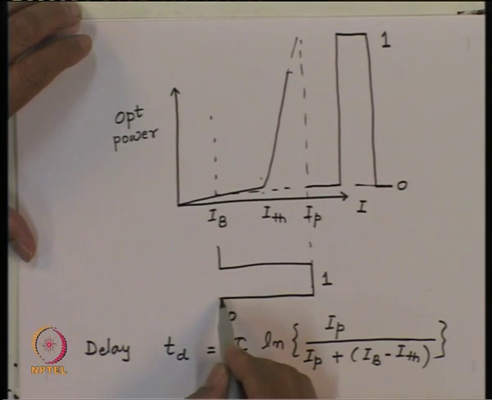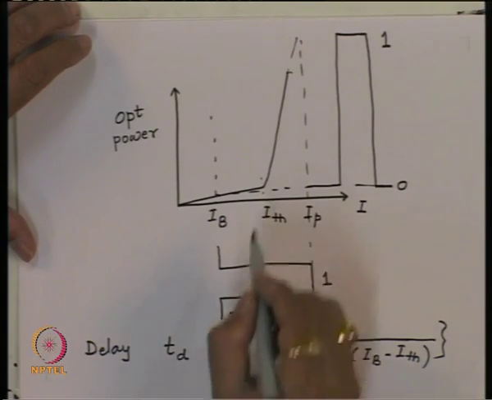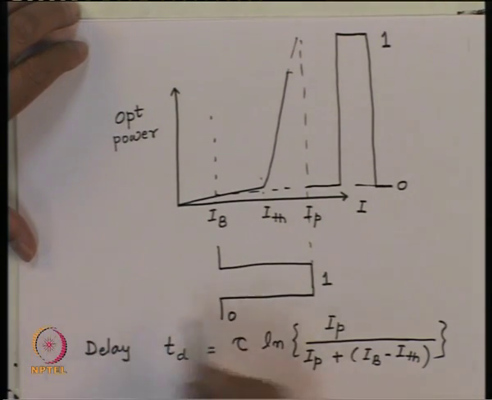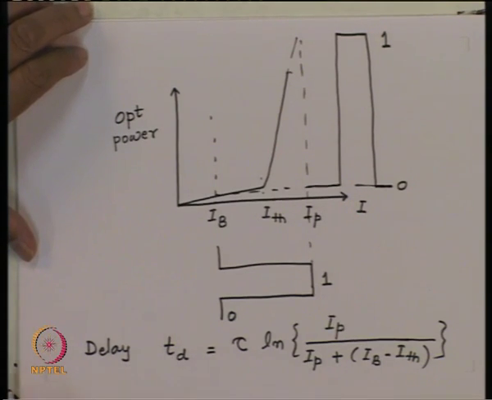So, the 0 level of digital should not correspond to the current which is 0, but it should correspond to a level which is I threshold. Then and then only you will get a switching time which will be very, very small. In this case, it will be 0.